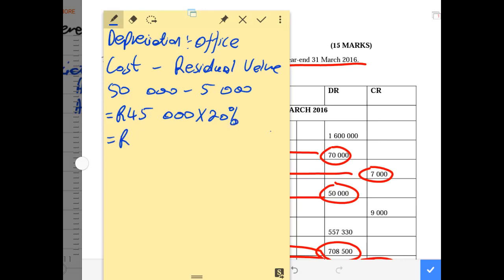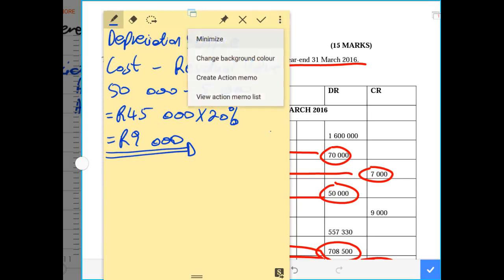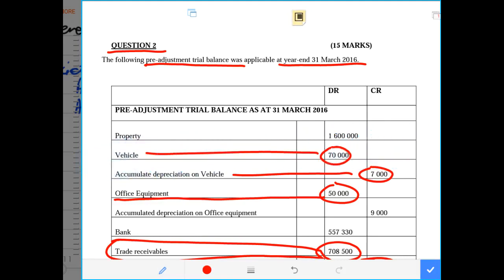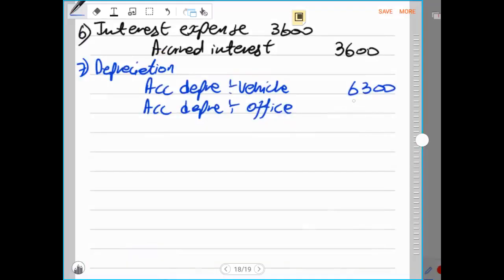If we multiply this by 20%, it will give us 9,000 rands. Now, if this gives us 9,000 rands, then it becomes the depreciation for office equipment. So now we go and we record the 9,000 of the depreciation for office equipment.